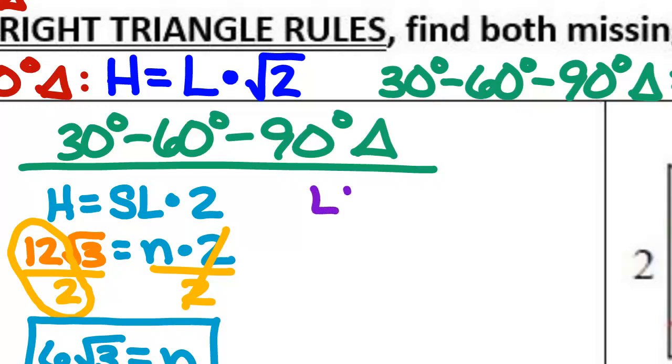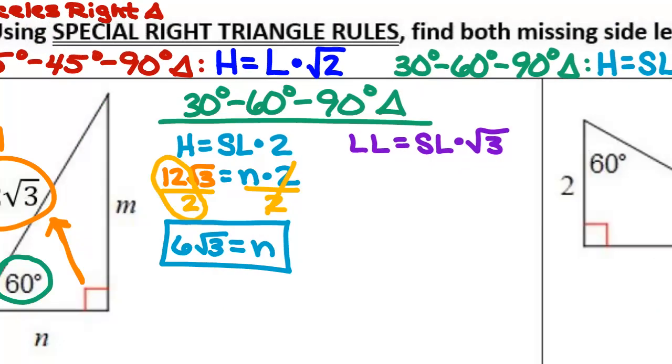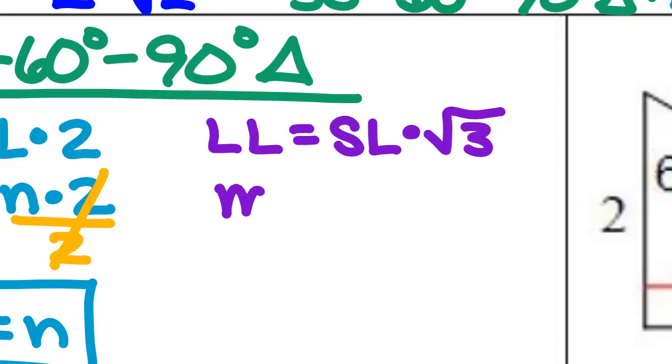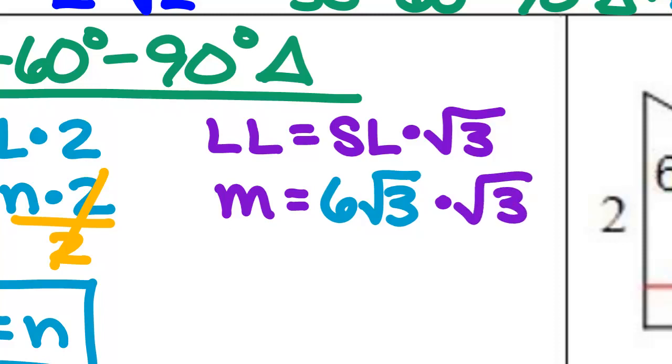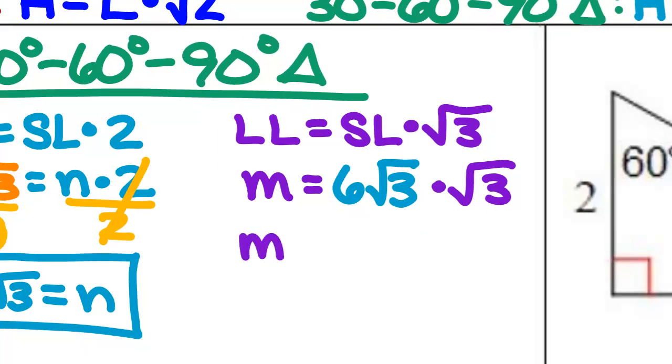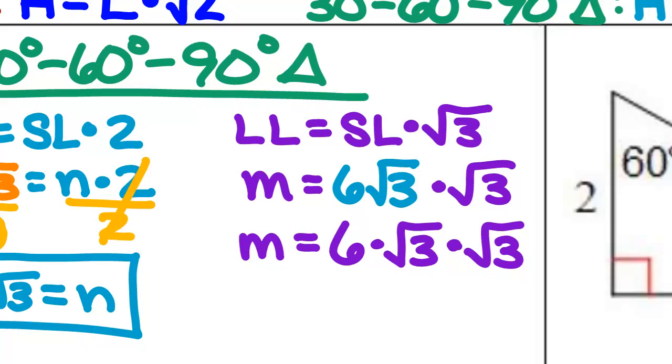And then we still need to find the long leg. The long leg is equal to the short leg times the square root of 3. They're calling the long leg on this one m. We just found the short leg. How big's the short leg? 6 square root of 3 times the square root of 3. Remember, when we smash the 6 and the square root of 3 together, there is a multiplication symbol there. So I have the square root of 3 being multiplied to itself.